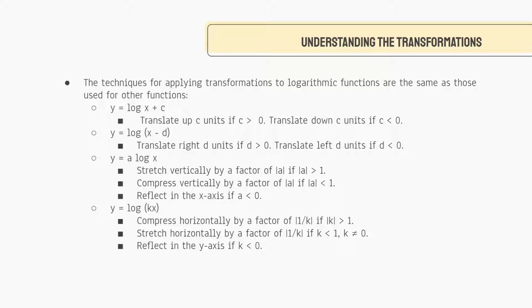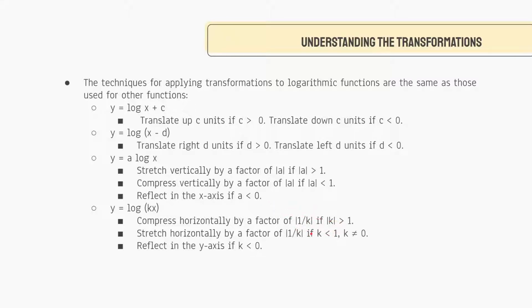Lastly, our k value, by no surprise, is talking about our horizontal stretches and compresses. So essentially, again, if the absolute value of k is greater than 1, then we're compressing horizontally by a factor of the absolute value of 1 over k.